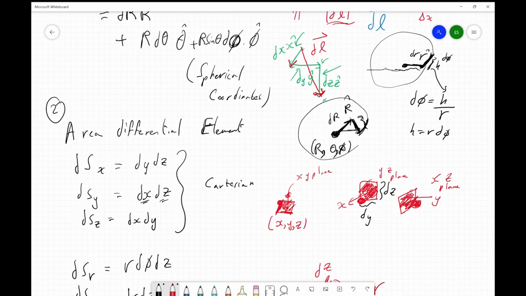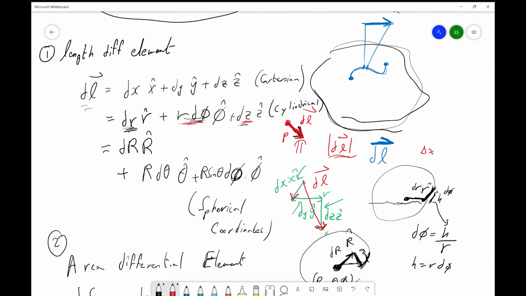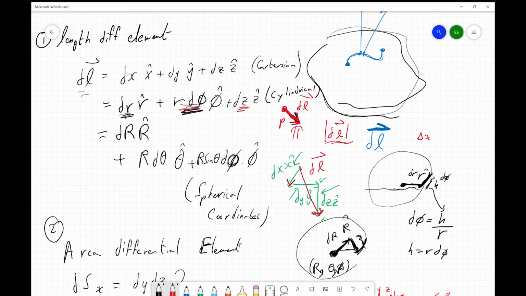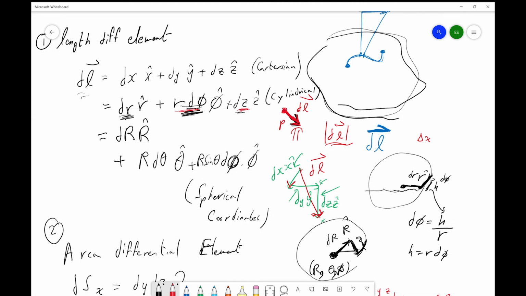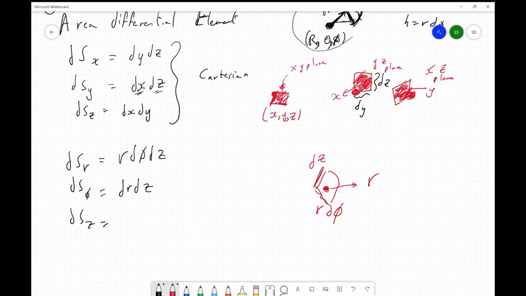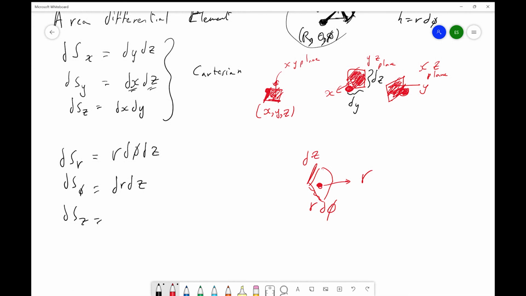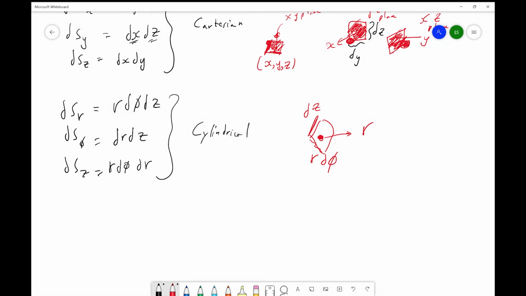And finally dsz, I take those two that are perpendicular to dz, and I'll get r d phi dr. So those are the area differential elements in cylindrical coordinates. And in the same way we can write the surface area elements in spherical coordinates.